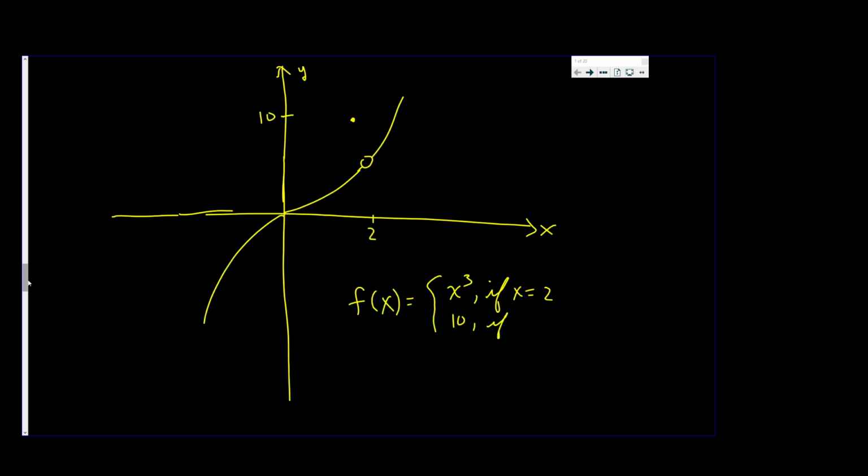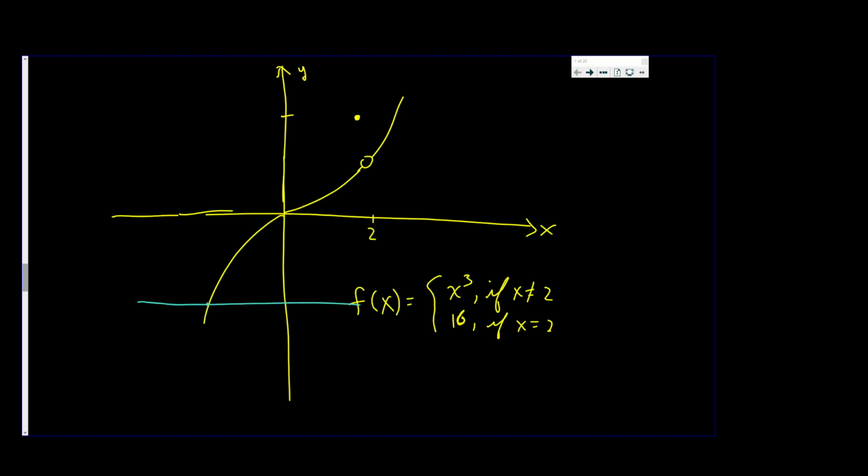Let's make it 16, if x is 2. Now, whether I define the function below or not, if you were just given this graph, it is not one-to-one. It fails the horizontal line test.